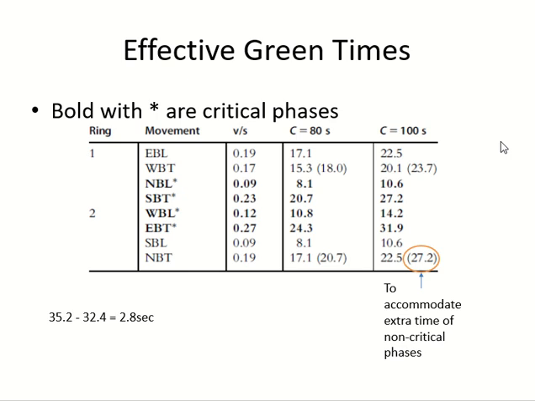So 35.1 and 32.4, they are happening parallel. This and this, they are happening parallel. So I have to make their time equal. So this summation should also be 35.1.